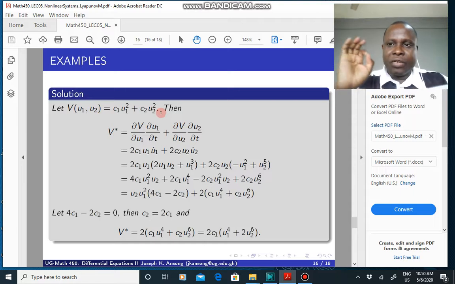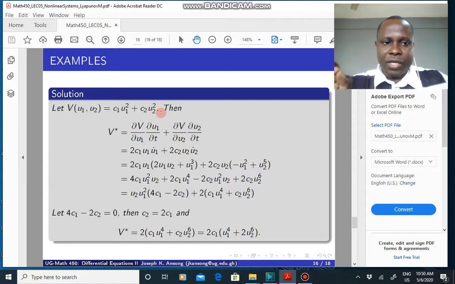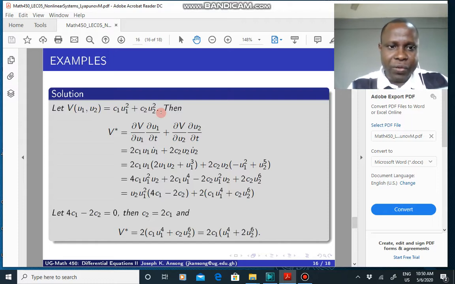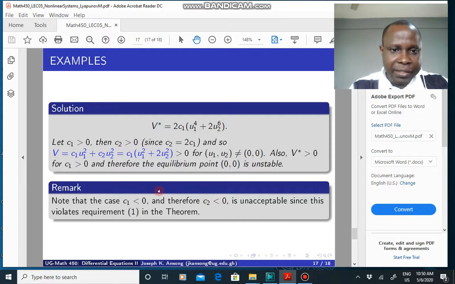And that is a requirement for the construction of a Lyapunov function. We want the function to be positive away from (0, 0). So here I choose C1 to be a positive function, and that will make my V also positive. Now if C1 is positive, then away from the origin, I see that V star will also be positive. And so I can analyze it from there.